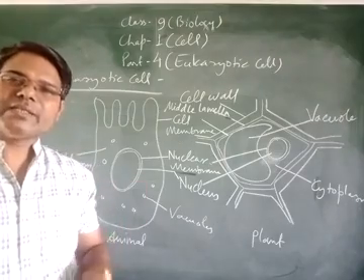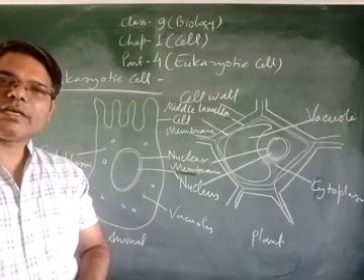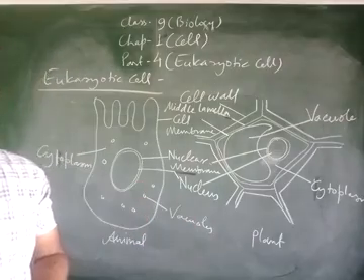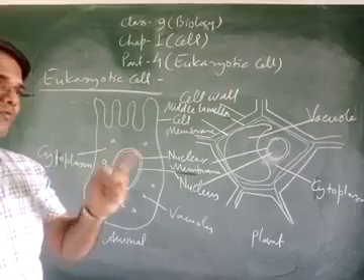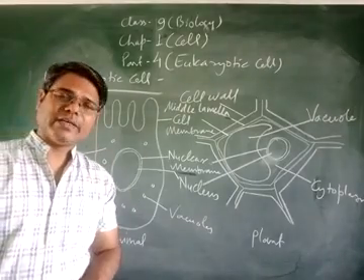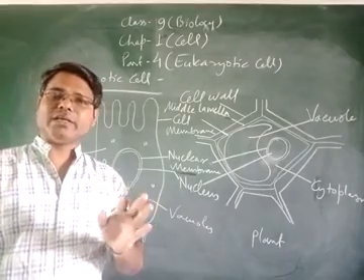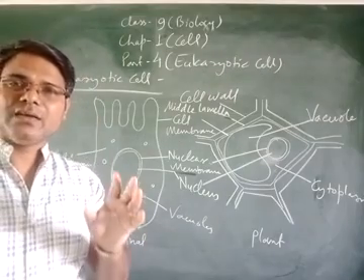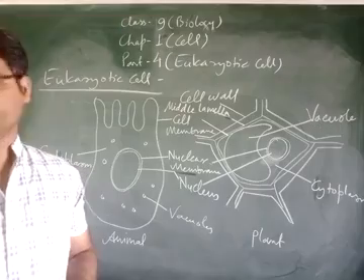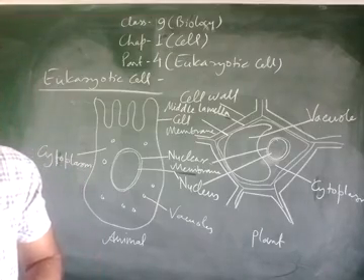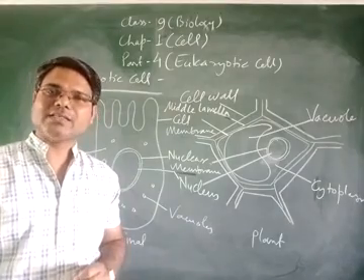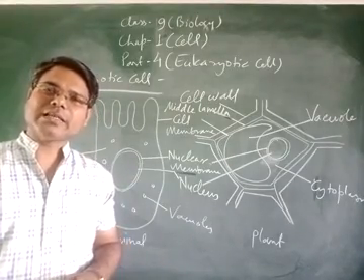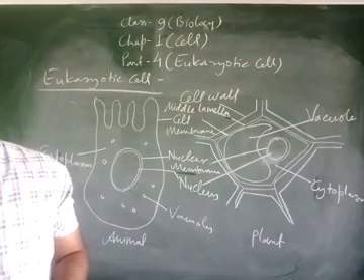Now, what is the basic difference between prokaryotic and eukaryotic cells? So, first of all, the basic difference between prokaryotic and eukaryotic cells is the size of the cell. Actually, students, prokaryotic cells are smaller in size and eukaryotic cells are larger in size.